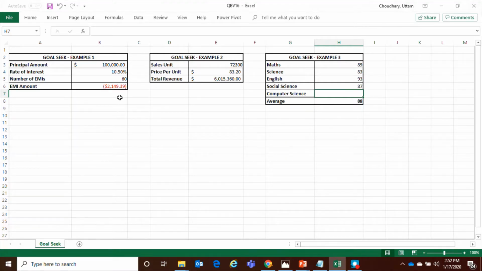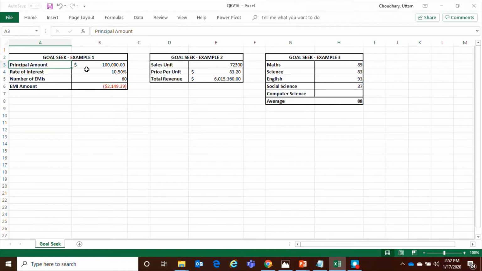So in this sheet, we are covering three different examples of goal seek. If you see three boxes here, three tables, these are the three different examples of how we would use goal seek to achieve our numbers. If you look at the first example, this is related to a loan.